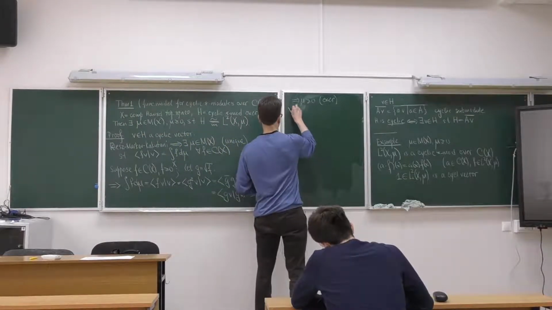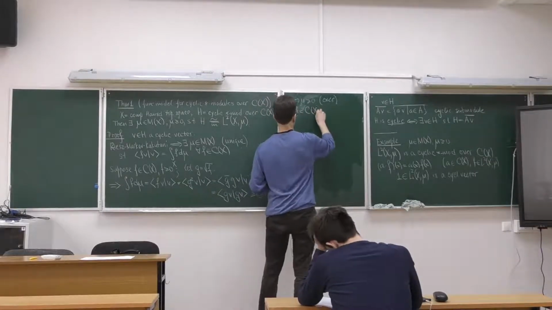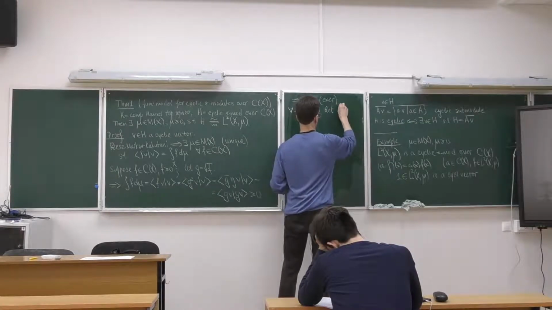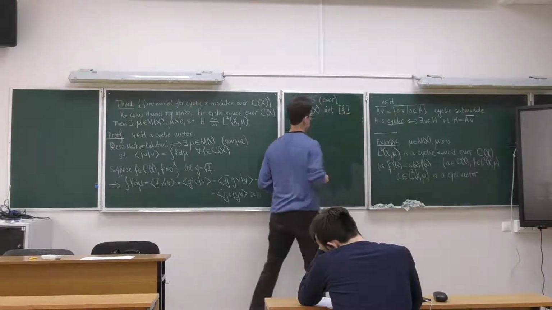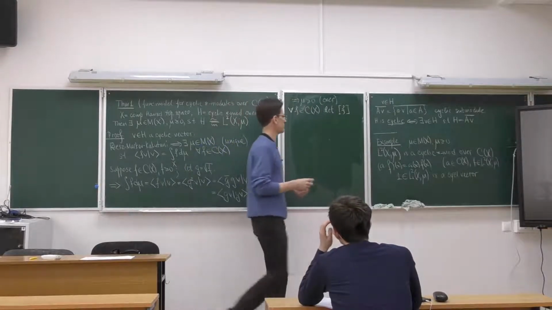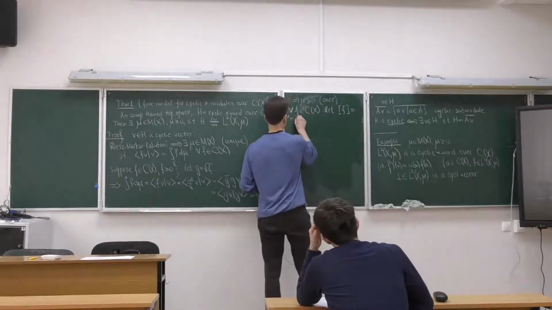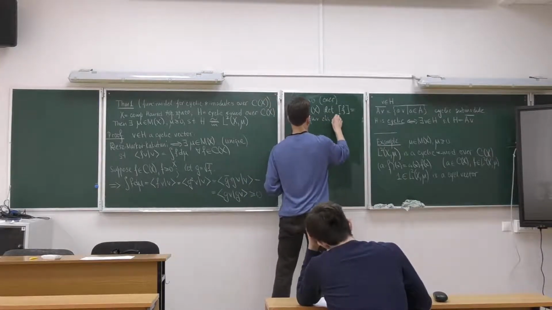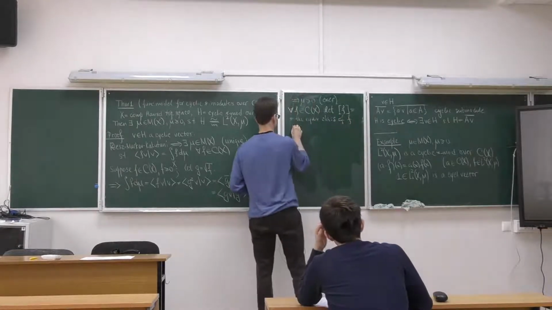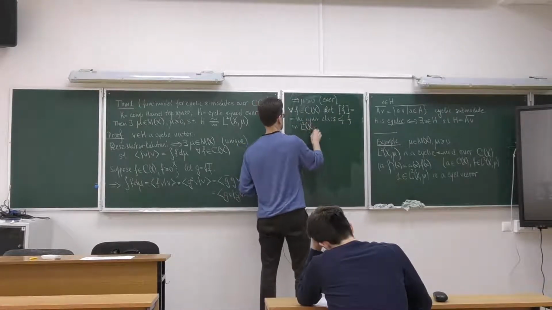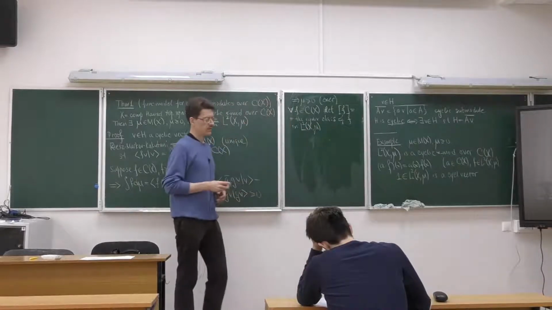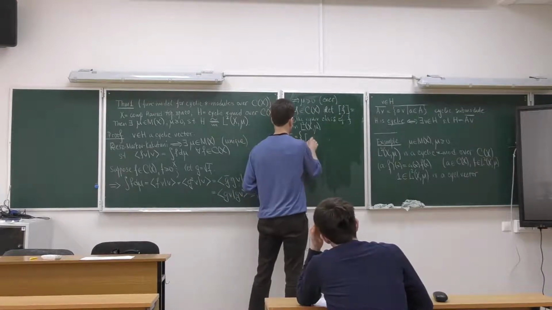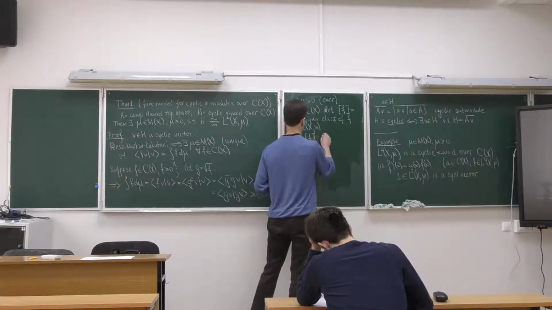For each continuous function f on X, we use the following notation. F in square brackets will denote the equivalence class of f in L2. And we denote by E the space of all such equivalence classes.